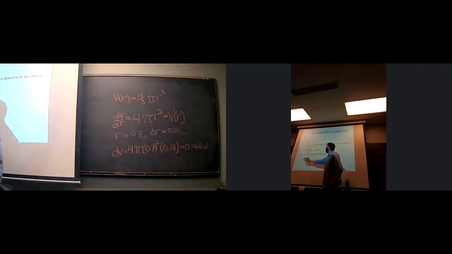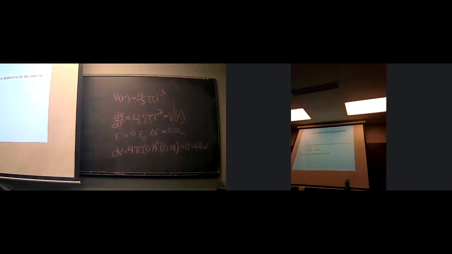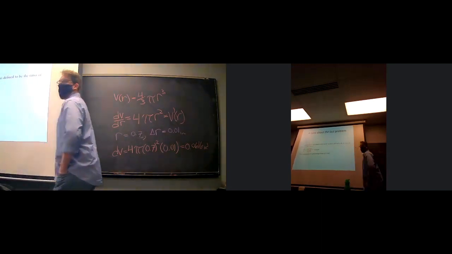Now, something else that we'll sometimes talk about is what's called relative error. Relative error is your percent error. If you measured this thing to have a volume of whatever, that error measurement divided by the volume gives you a percent error.